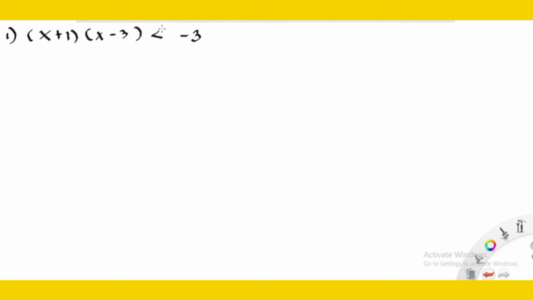Yes, this is inequality because of this inequality symbol. And some may think that this is not quadratic because wala tayong nakikitang degree of 2. But we can simplify this inequality, okay, for us to be able to know kung quadratic inequality ba siya or not. So let us get the product of these two binomials.